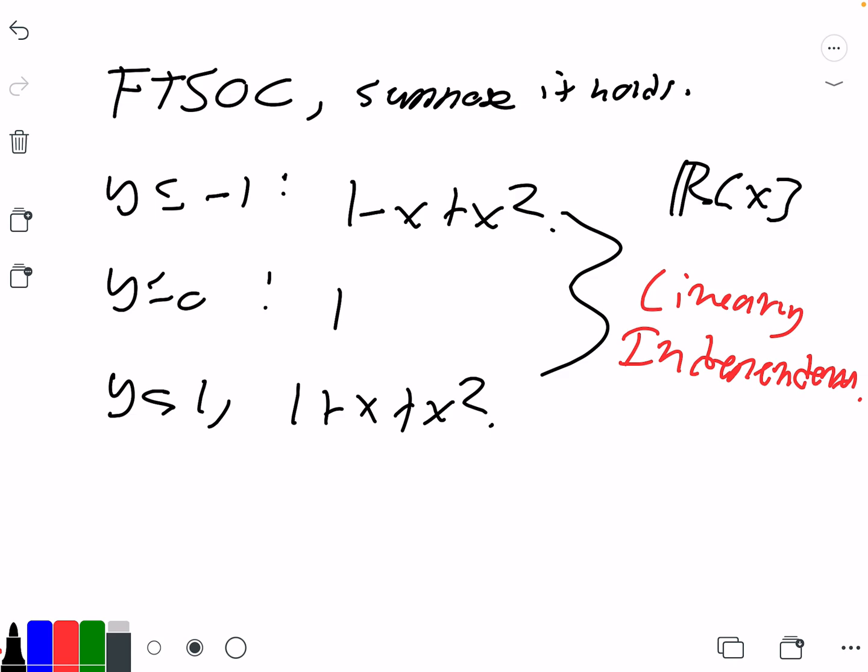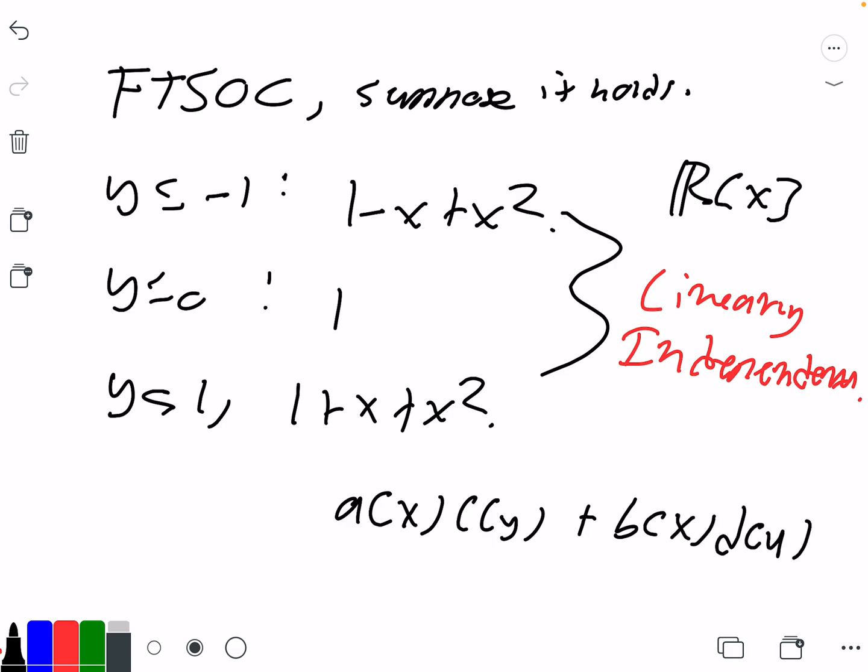So it's false, because we can't write these as linear combinations of a(x) and b(x) for all values of y, because c(y) and d(y) are going to be scalars if we're manually setting values of y. So it fails. And there you go.